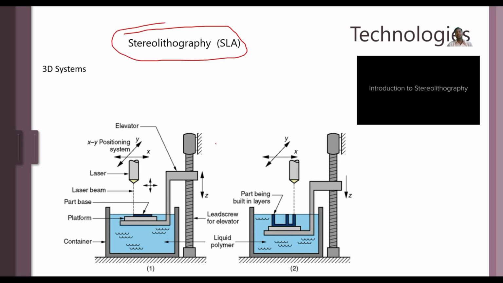SLA allows materials to print, as I discussed. In SLA operations, we have the lead screw, you can see, and to that there is a platform, and this is the resin which is completely filled in the container.